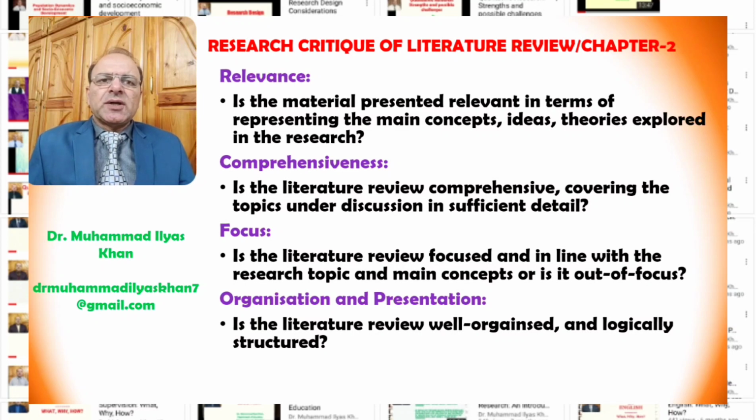So relevance is very important. The research critics who will critically review the literature review will first of all look at its relevance to the main research topic and the ideas and the theories that have been used to support the arguments in the particular research topic.